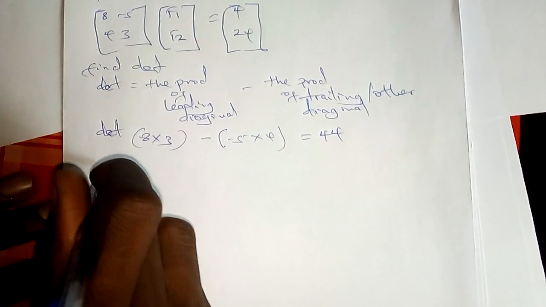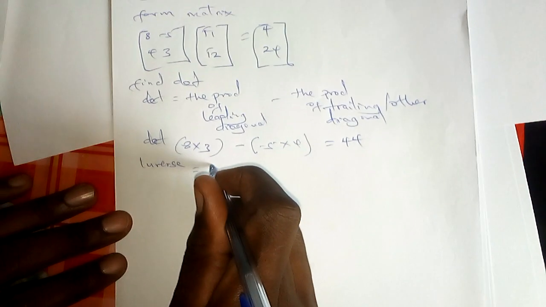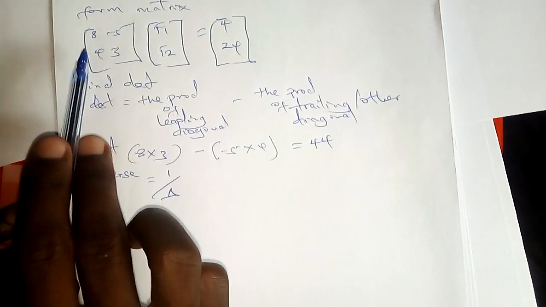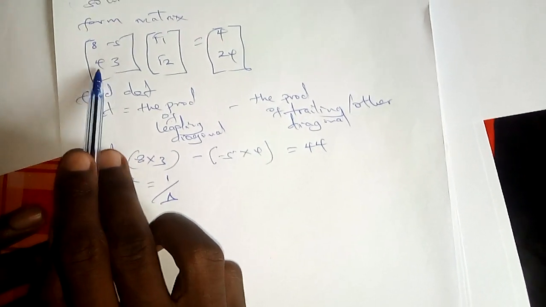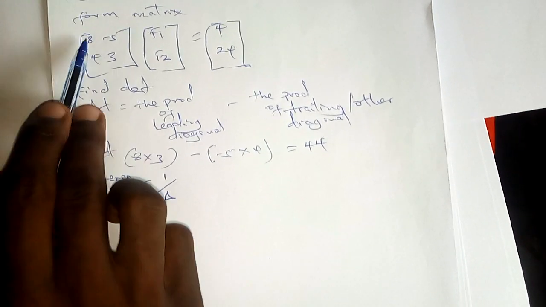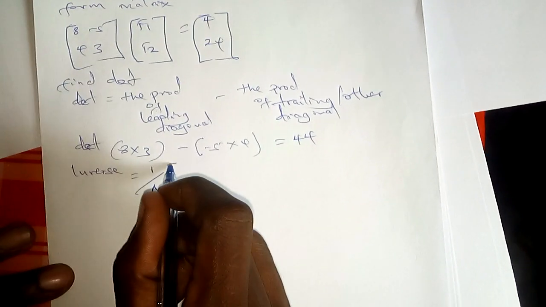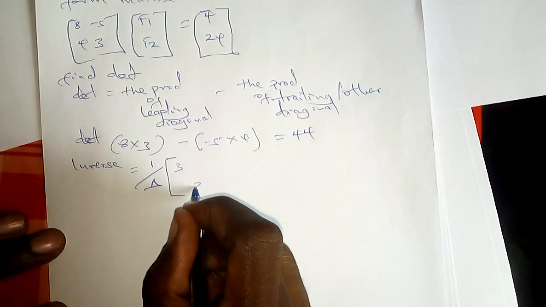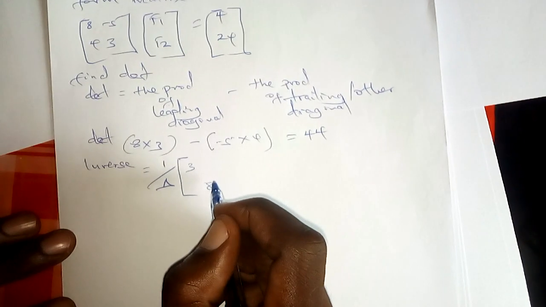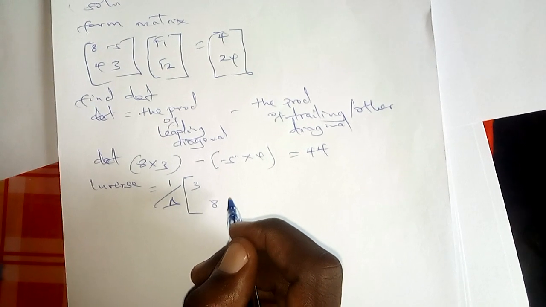Now to find the inverse, first of all we must find the determinant. Inverse of that matrix is equals to 1 over determinant, then the previous matrix 8 negative 5 4 3. To determine the inverse, those elements on the leading diagonal you interchange. So it means it will be 3 here and 8 here. What about the elements on the trailing diagonal? You give the opposite sign.